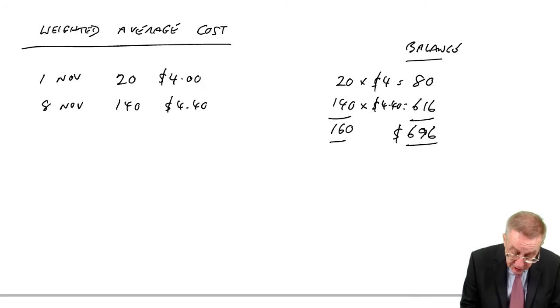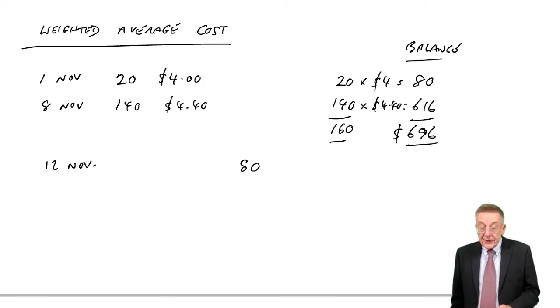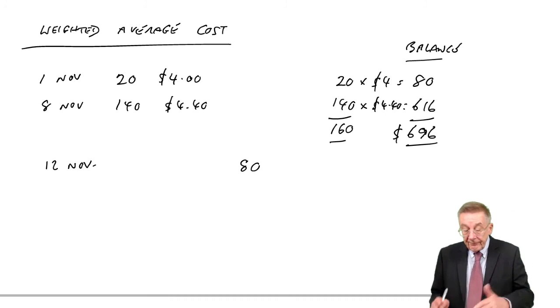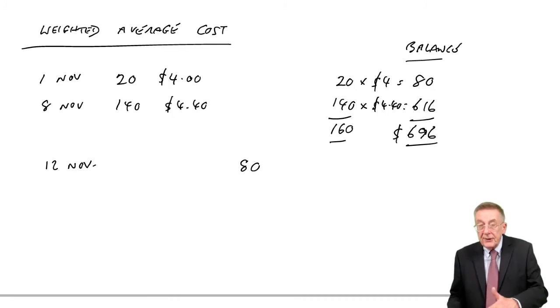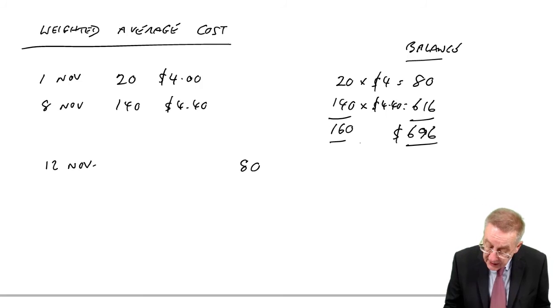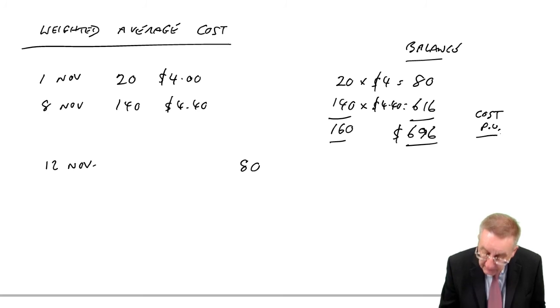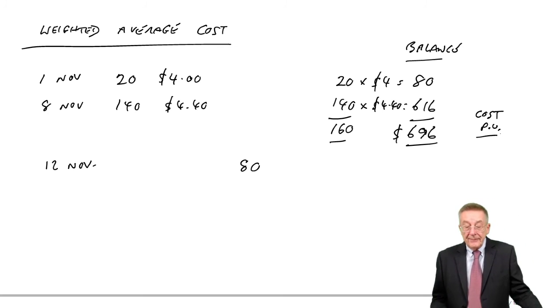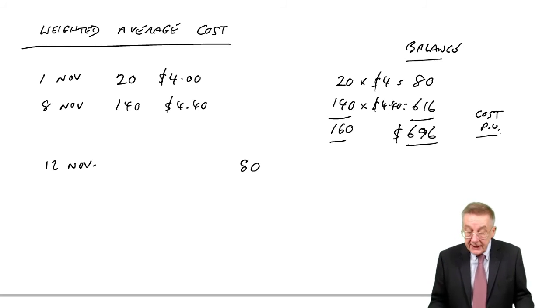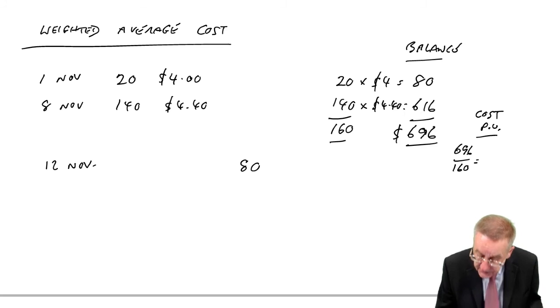However, it's when we come to issue that we need to think. 12th of November, we issue 80 units. And with weighted average, instead of saying, is it the old ones or is it the new ones, we just take an average. The average cost per unit: we did have 160. In total, they cost 696. So on average, how much does each unit cost?